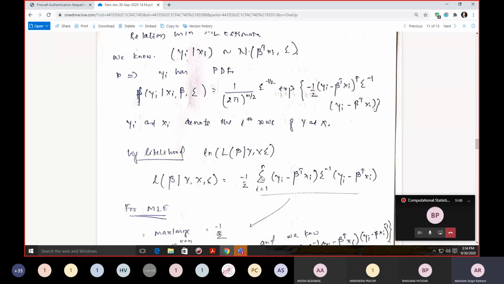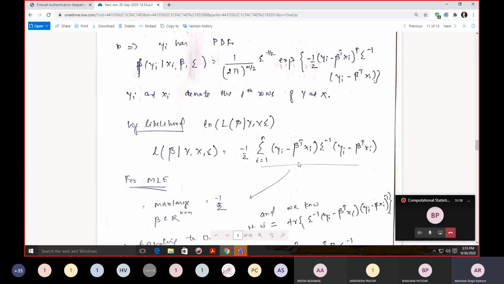So your log likelihood is just minus 1 by 2 into x minus mu square upon variance, or the covariance matrix. For maximum likelihood we are going for maximizing our value, because there is a minus sign available over here.